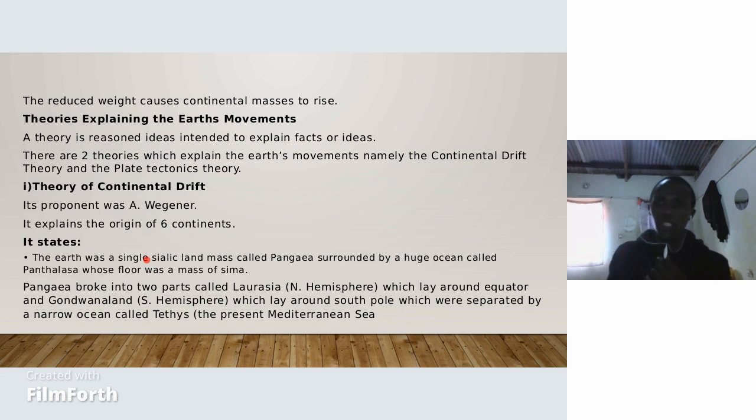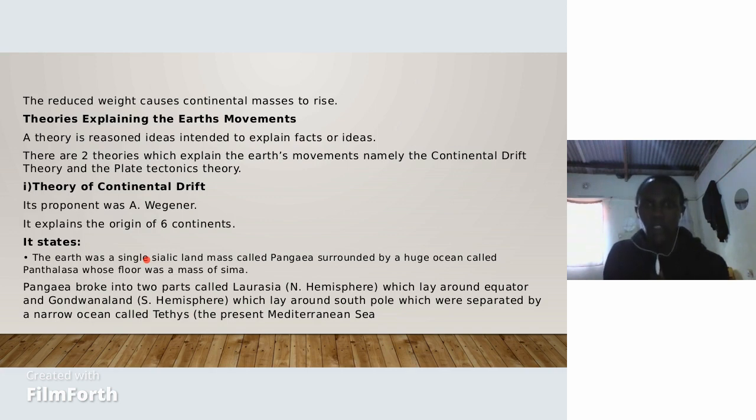We have theories explaining the earth movement. Number one is continental drift theory. Its proponent was Wegener.